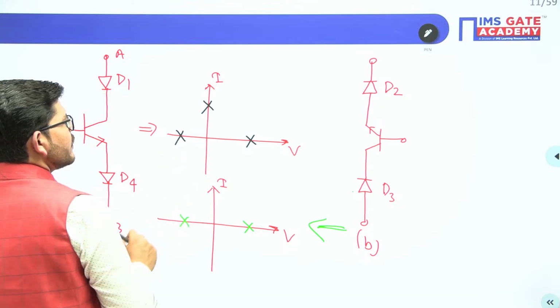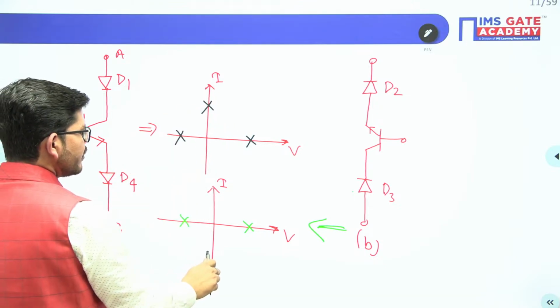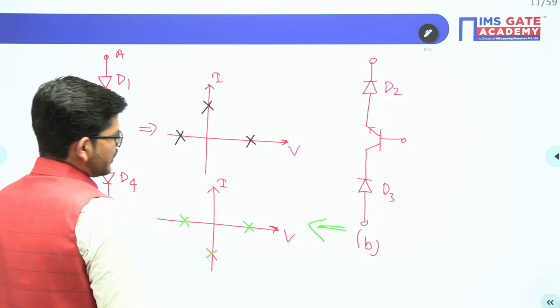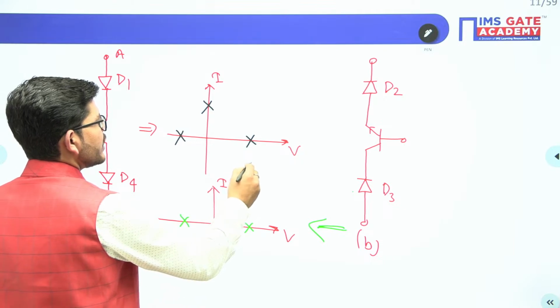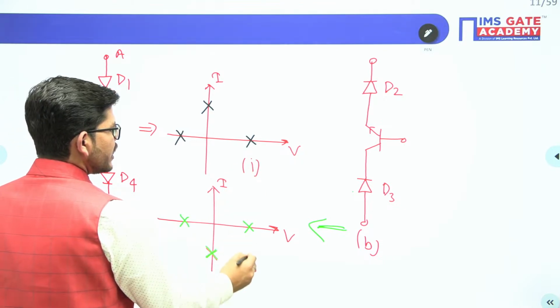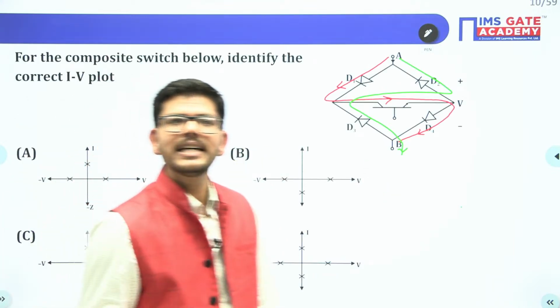But in the realization of figure A, we are carrying positive current, so here we will carry negative current. So if this is figure 1 and this is figure 2, now you can see both these combinations are connected in parallel.